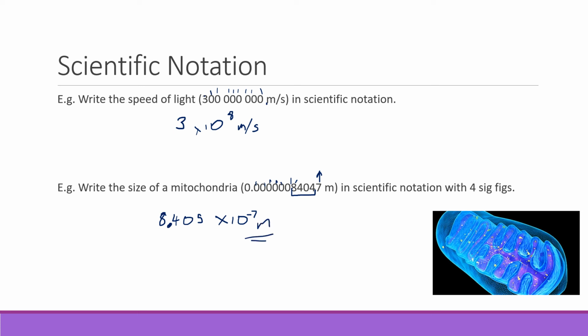Now an easy way for when you're doing negative powers is just count the number of zeros in front of your number. Notice in this case we've got 1, 2, 3, 4, 5, 6, 7 zeros in front. So negative 7 will be my power. That's the easiest way to think about it.